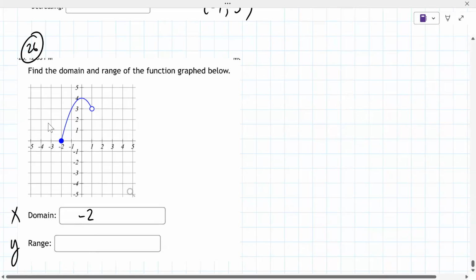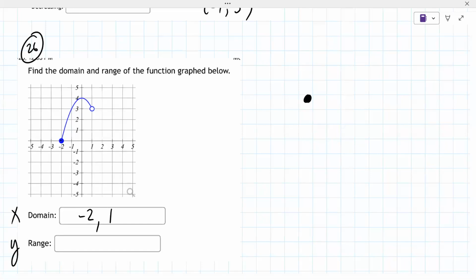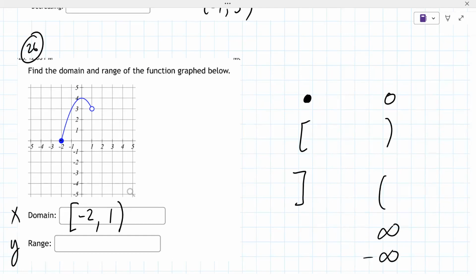What is the rightmost x value? 1. Now which is included? Is -2 included? Since it's closed, yes. So those go with that symbol there. 1 is not included, so it goes with parentheses. Infinities go with the one on the right.